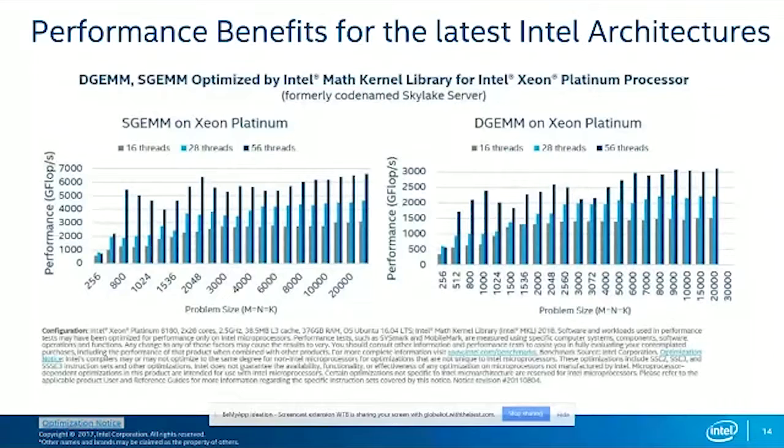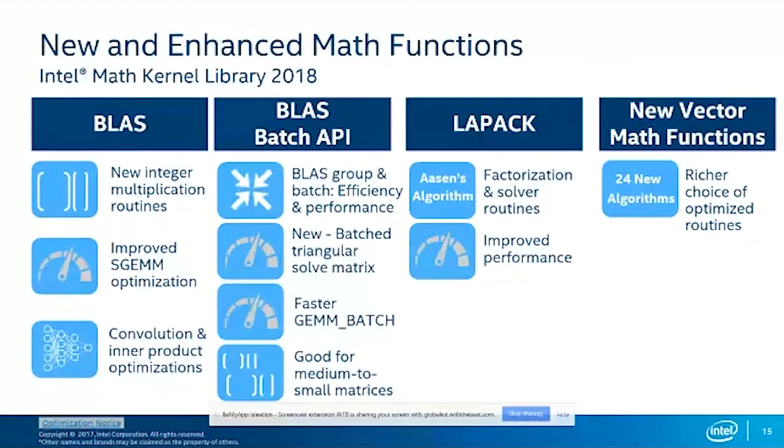Okay, what have we improved in this library? This library has existed for close to 20 years. It is a long-history library. We continue to improve its performance, adding new functions to support different requirements. On the BLAS part, we improved small matrix computations, offered some optimizations on convolutions, and also provide batched APIs.